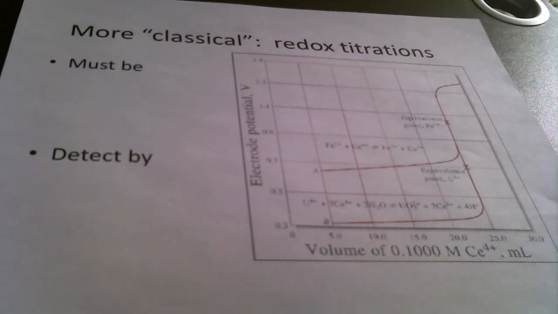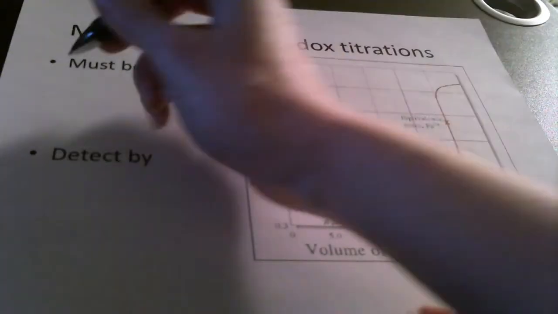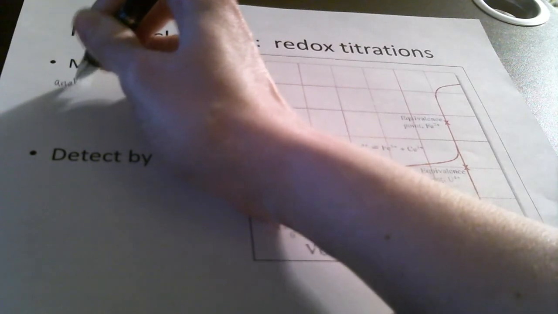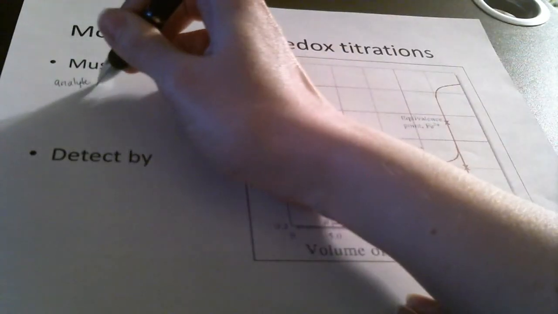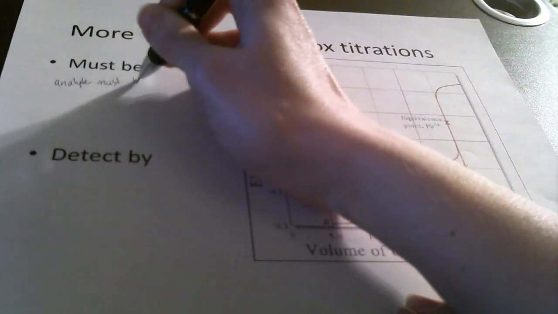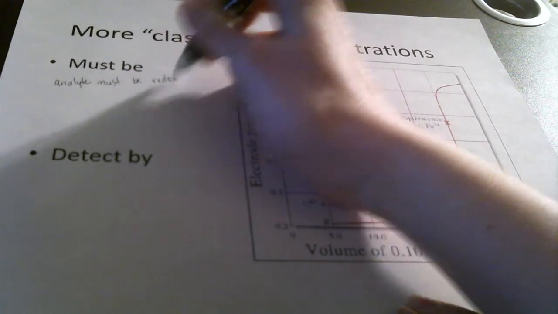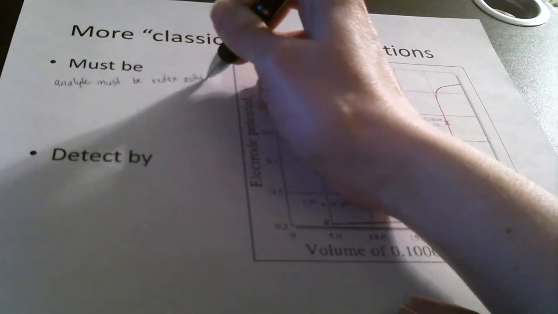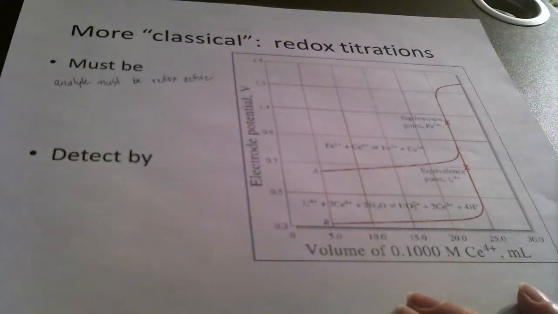So in a redox titration, your analyte must be redox active. So what do we mean by redox active? Your analyte must be able to accept electrons or donate electrons in an electrochemical reaction.